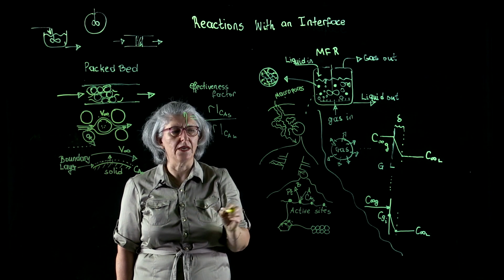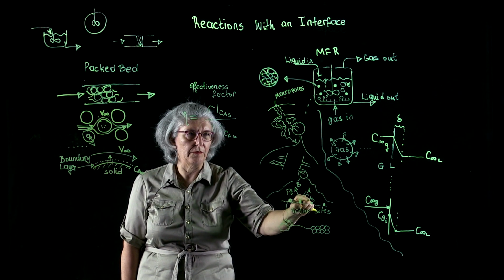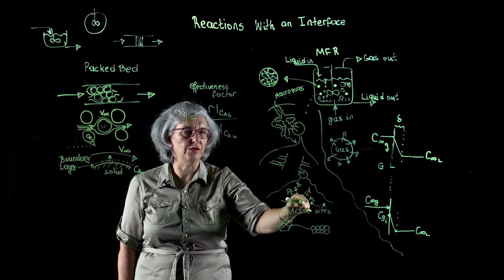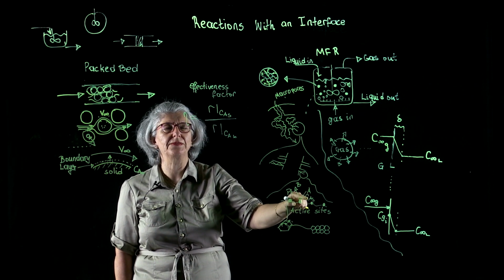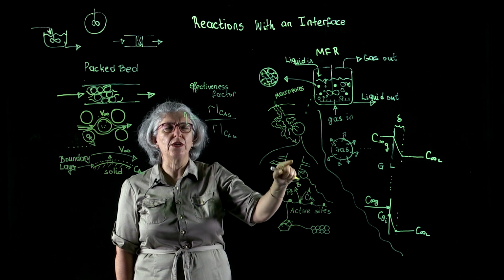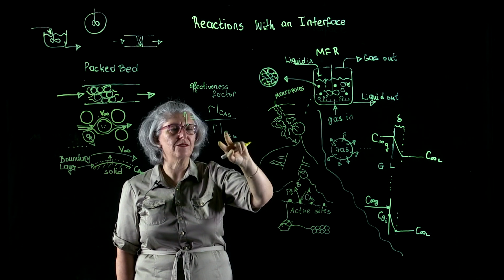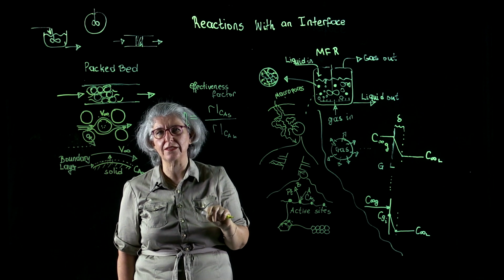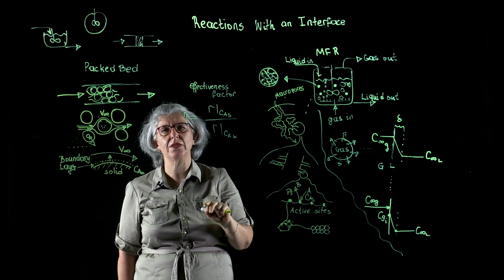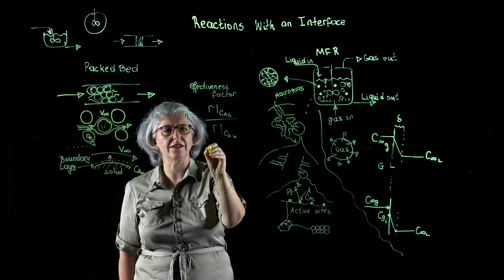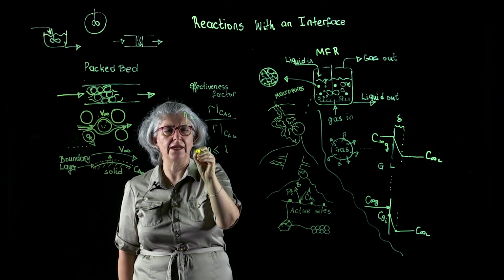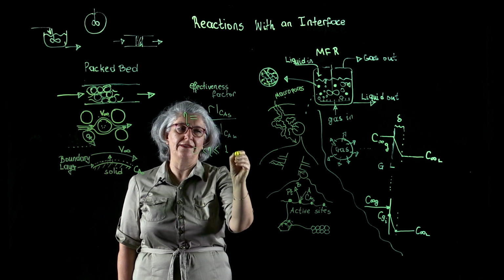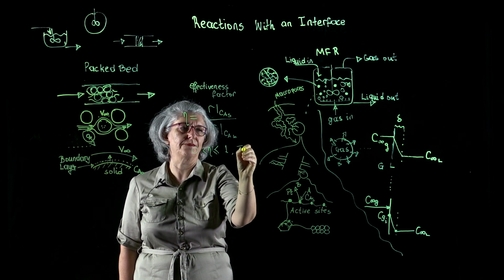So if my molecule can rapidly reach the active site so fast that it is always at the bulk concentration, my effectiveness factor is 1. Effectiveness factor is a quantity that changes between 1 and 0 for isothermal conditions.